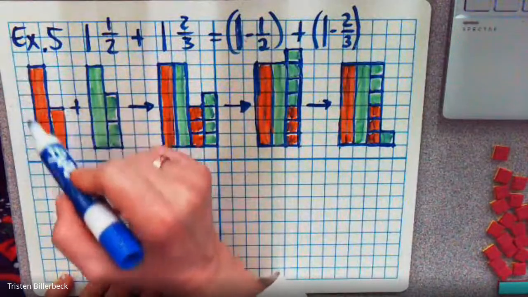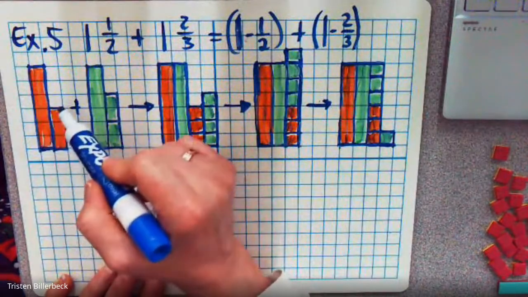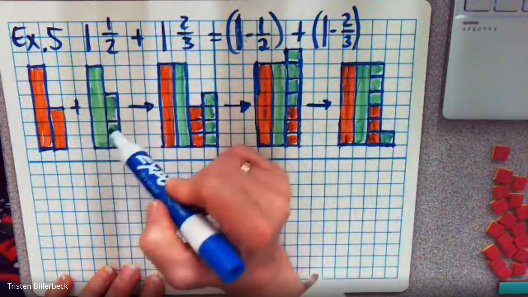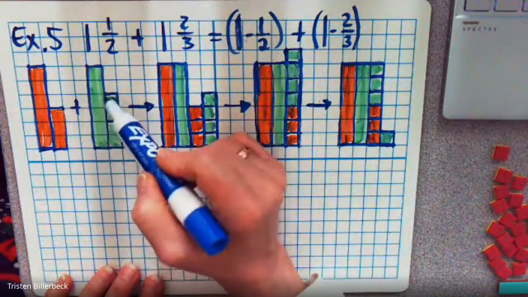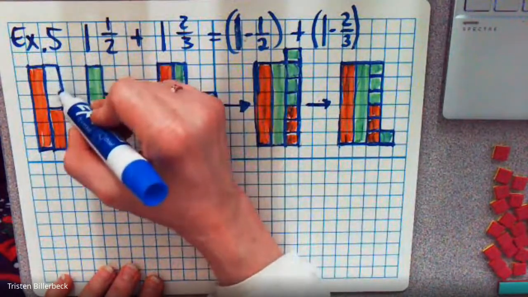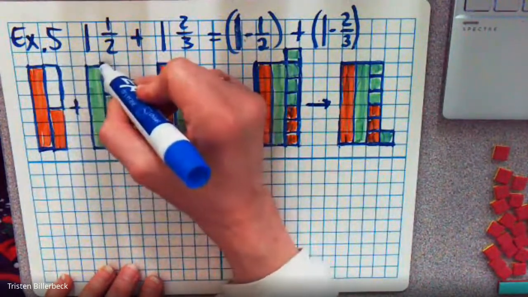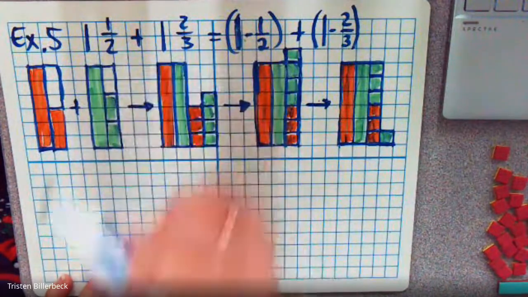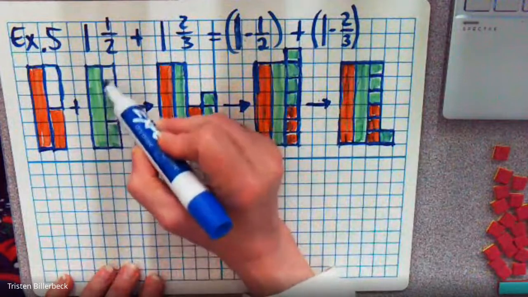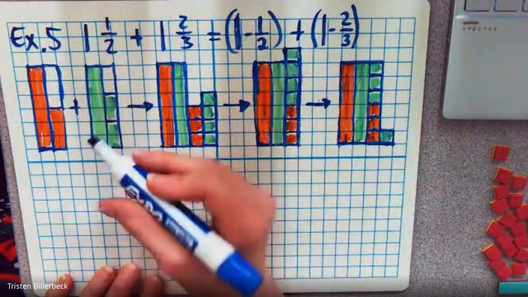So I have a 1 here, and then half of that 1 is right there. And this is 1, and then I broke up the 1 into 3 equal parts. So let me do that so you see that there's 3 equal parts. Okay, so 1, 2, 3. So I broke it into thirds.